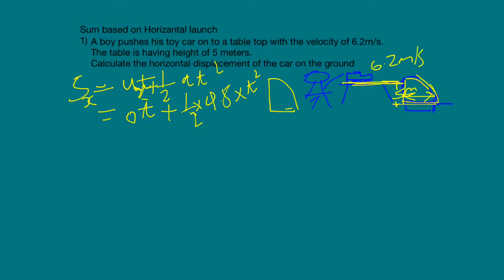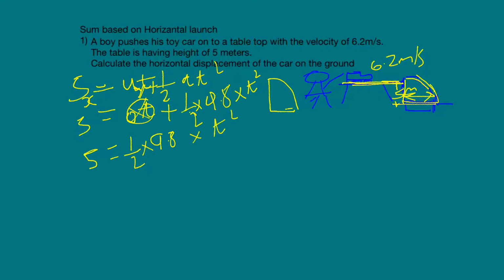So 0 into t is 0, this term becomes 0, plus half into 9.8, and this displacement we know is 5 meters, so we write here 5 meters, into t square.